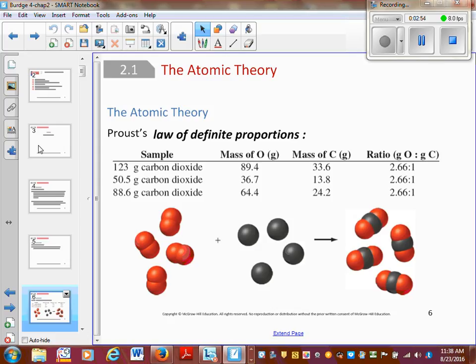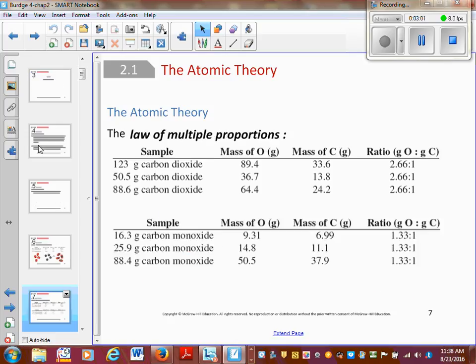It doesn't matter how much you have of a compound, it's always going to be the same ratio. If he does carbon monoxide, we have a ratio of 1.33 to 1, no matter how much carbon monoxide you take.